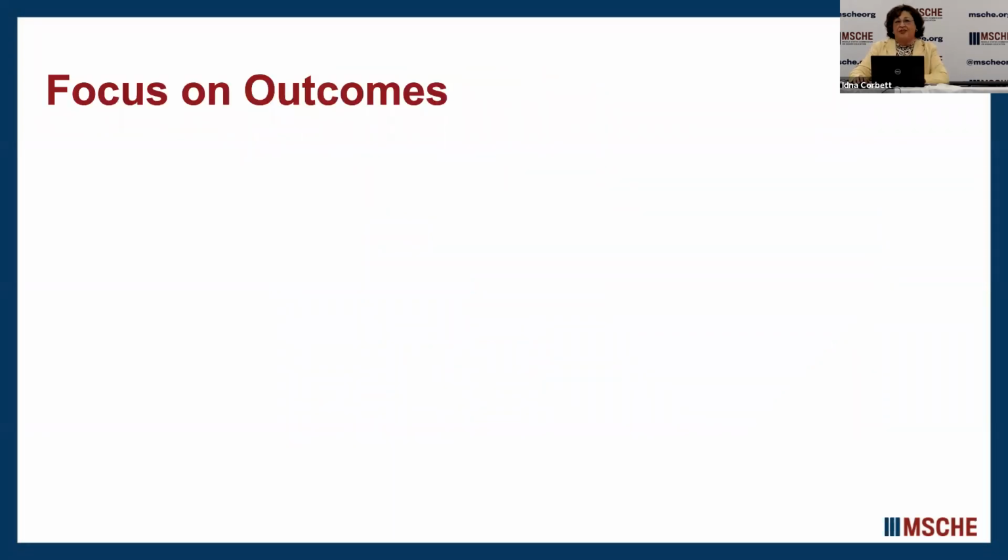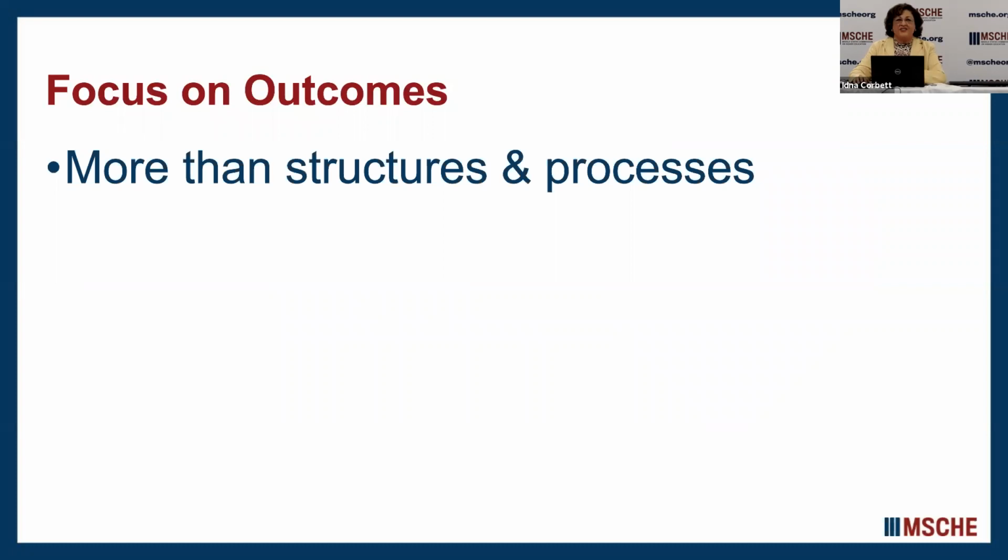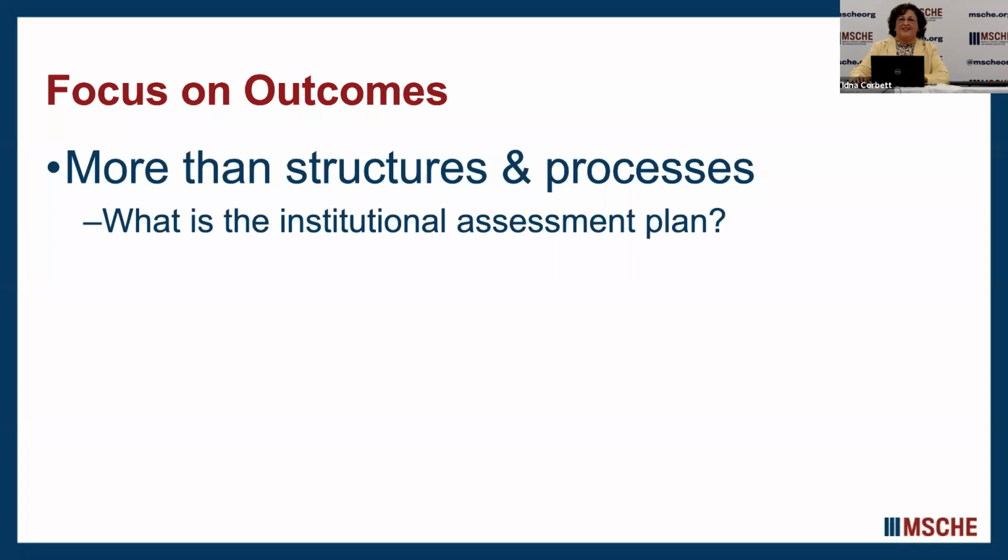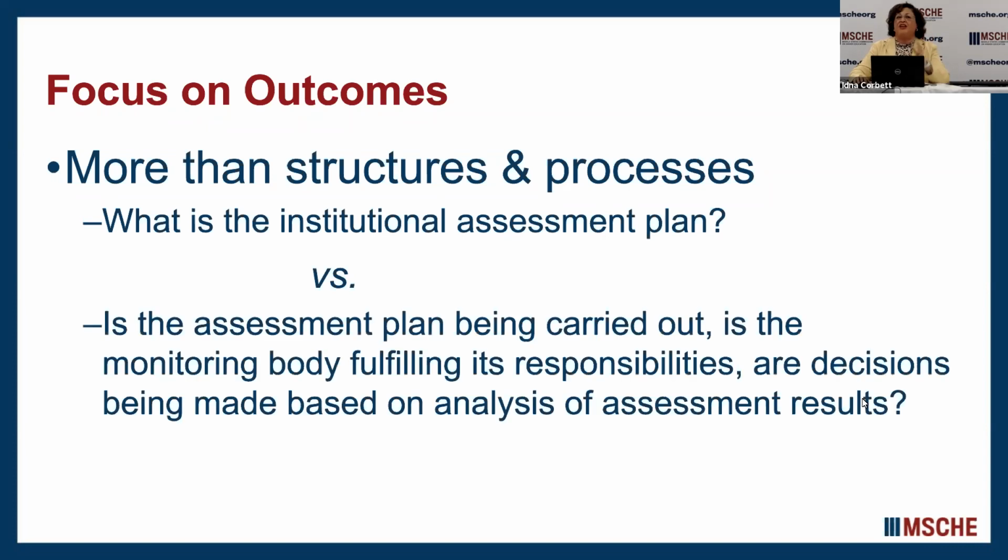Also focus on outcomes. As I said, it is not enough to say we have a plan. It is not enough to say we have the structure. We have an office that is in charge of this. You want to say, as opposed to, we have an institutional assessment plan, what we need to see is the assessment plan being carried out.